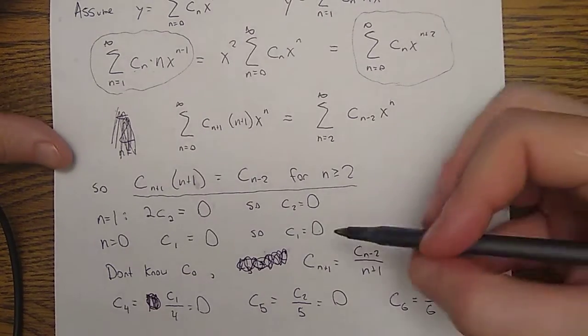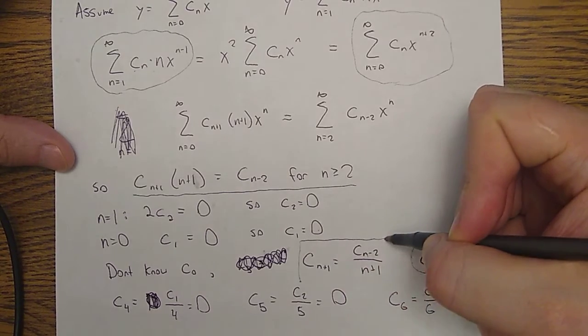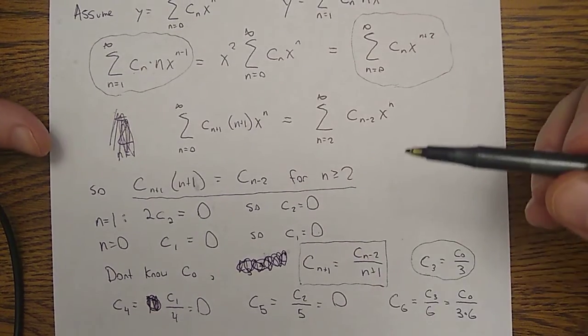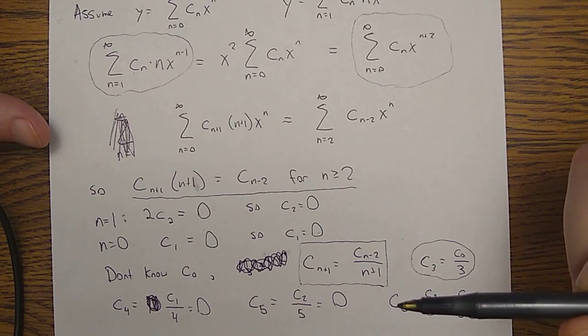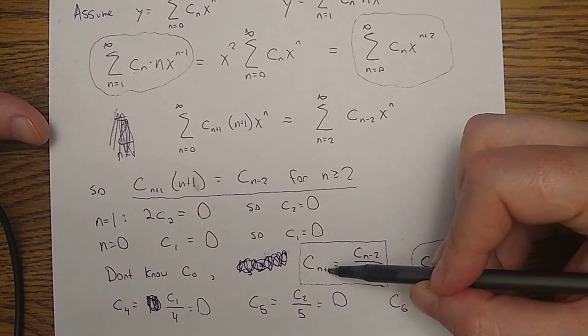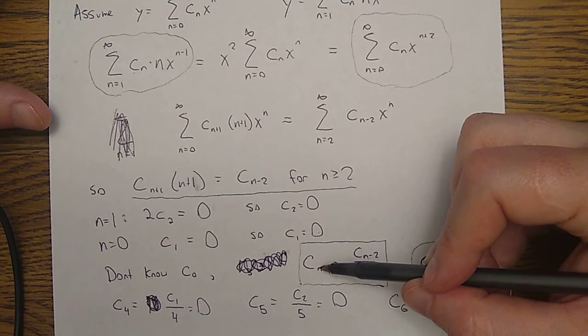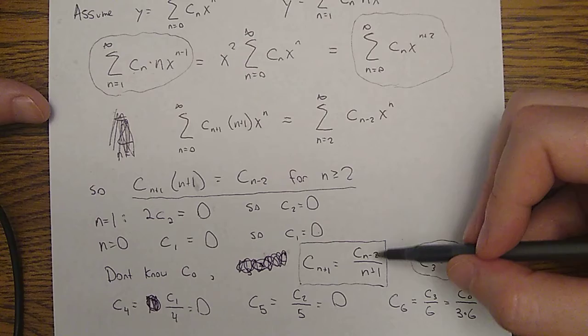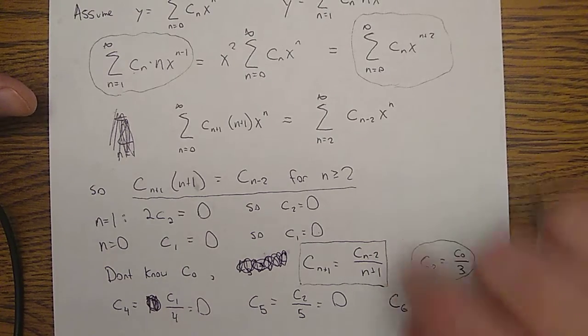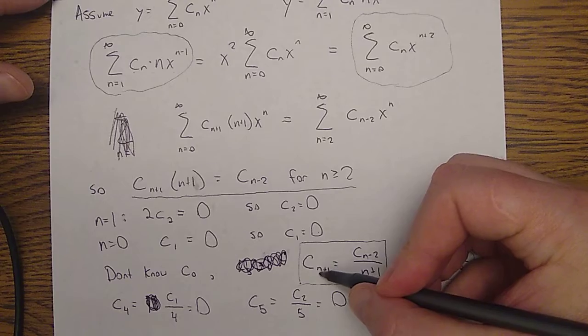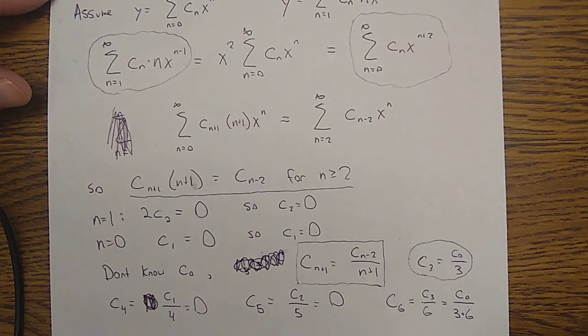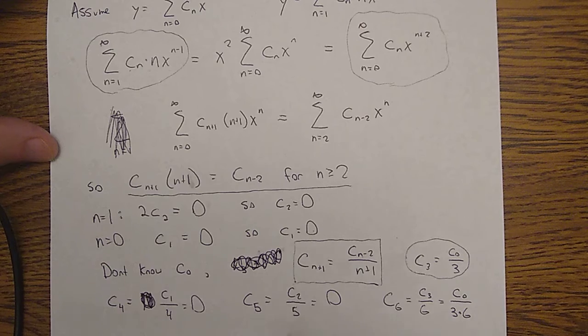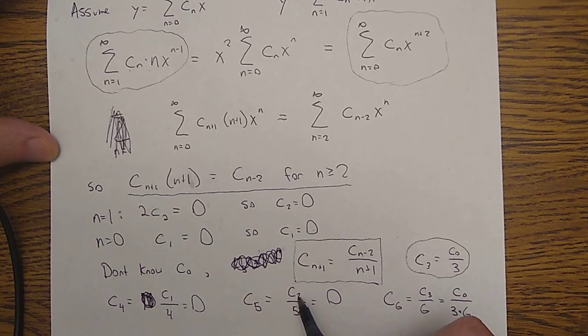There's going to be a pattern that continues. This gives me a formula for a particular coefficient in terms of the coefficient 3 before it. Like n plus 1 to n minus 2, that's a gap of 3. For example, C5 was in terms of C2, the subscript 3 below this one.